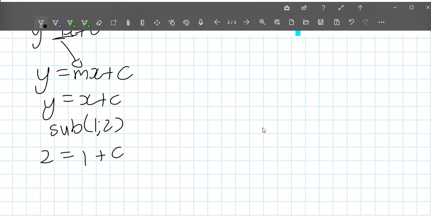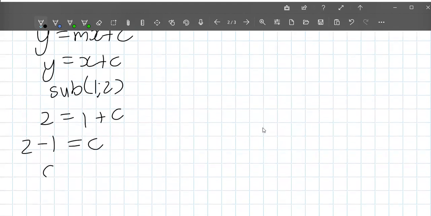So therefore, minus 1 from both sides to find c. So c must be equal to 2 minus 1, which is 1. c was in the position of t, so therefore t is equal to 1.